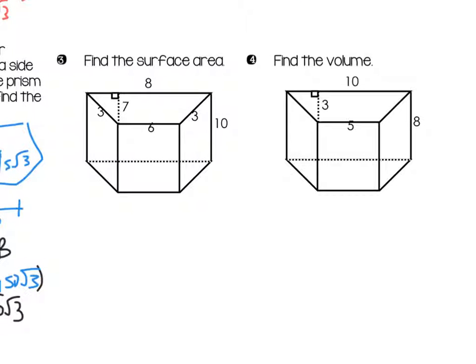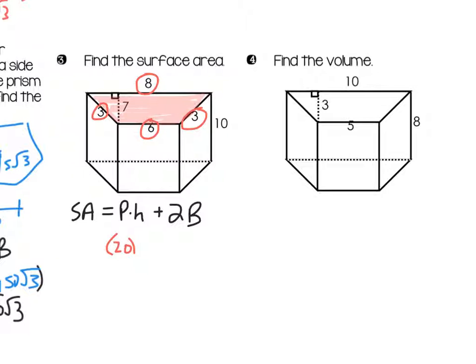Find the surface area. So surface area is perimeter of base times height of the prism plus 2 times the area of the base. I have a trapezoidal prism. So if I want to find my perimeter first, I have 8 plus 3 is 11, plus 6 is 17, plus 3 is 20. So my perimeter is 20.